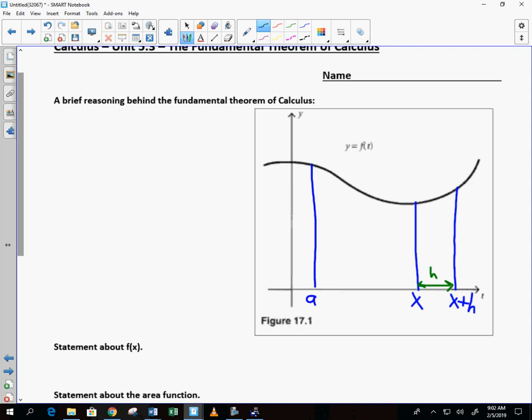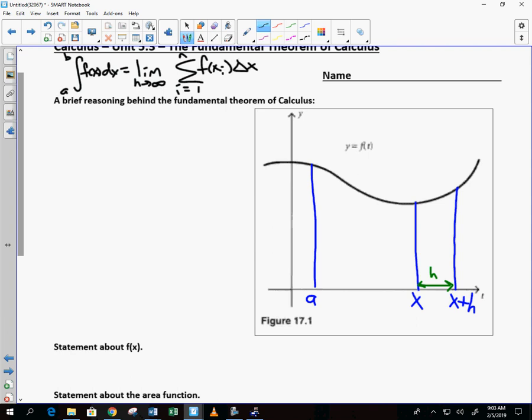Okay. So I am not going to use the integral symbol, which, by the way, remember the other day when we said the integral from a to b of f of x dx is equal to the limit as n goes to infinity of the sum from i equals 1 to n of f of x sub i delta x.